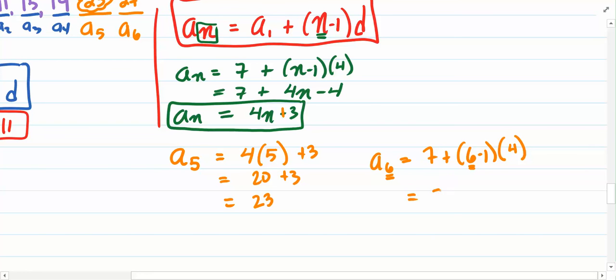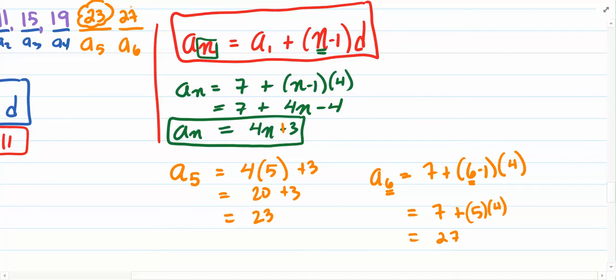So this is going to give me 7 plus 6 minus 1, which is a value of 5. And then I multiply that by 4. And there we see that we get 27, which is exactly what we would get here as we knew.